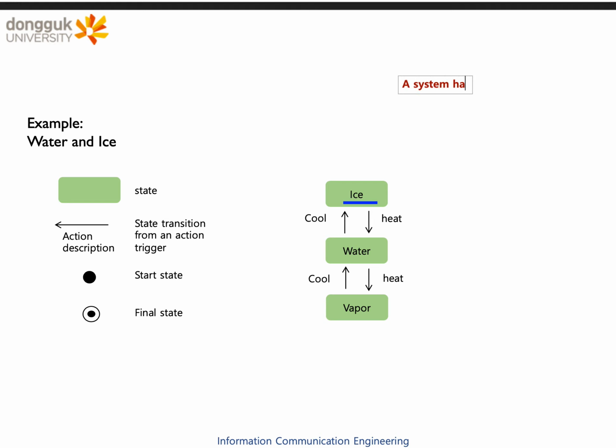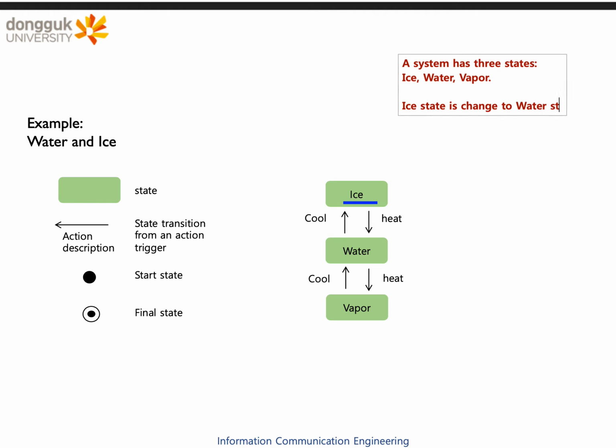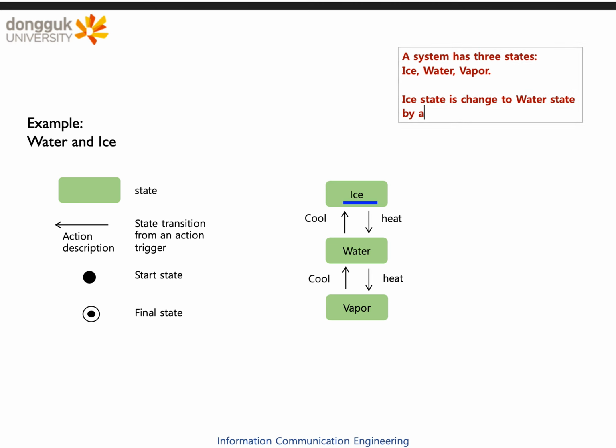Our system has 3 states: ice, water, vapor. The ice state is changed to the water state by the action heat.